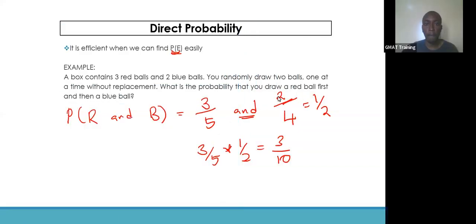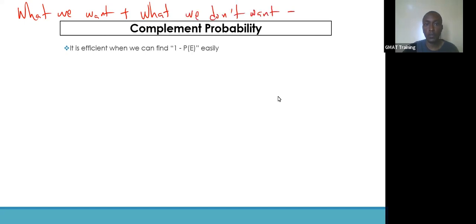And so, besides direct probability, there is another way, in terms of some wordings can change here and there, and we can use what we call the complement probability. The idea behind this is what we want plus what we don't want equals 1, right?